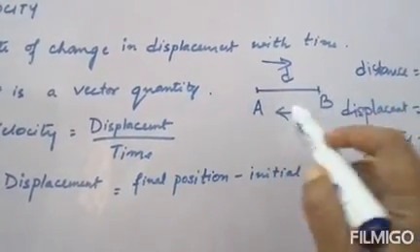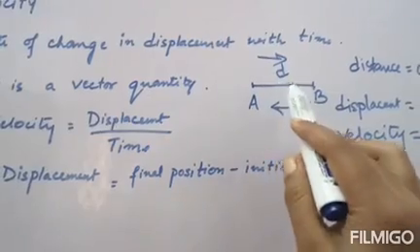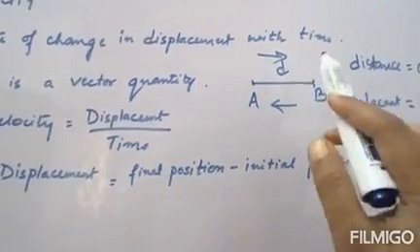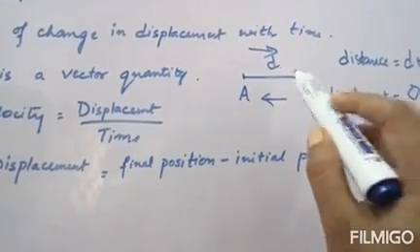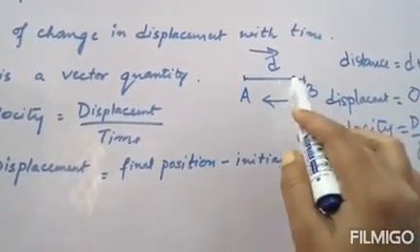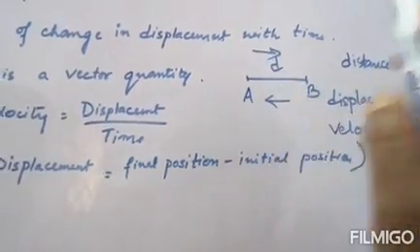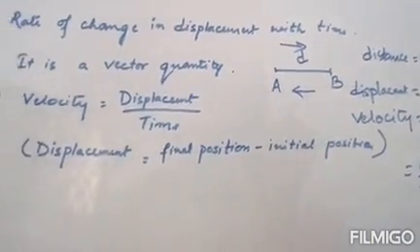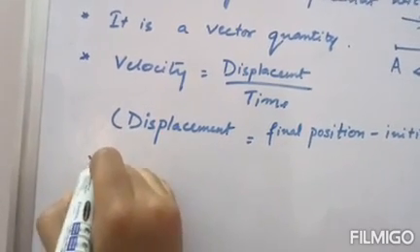Speed can never be 0 if the body is in motion, but velocity can be 0 if there is no displacement. That is, if the initial and the final position are the same, then there is no displacement, so velocity can be 0.